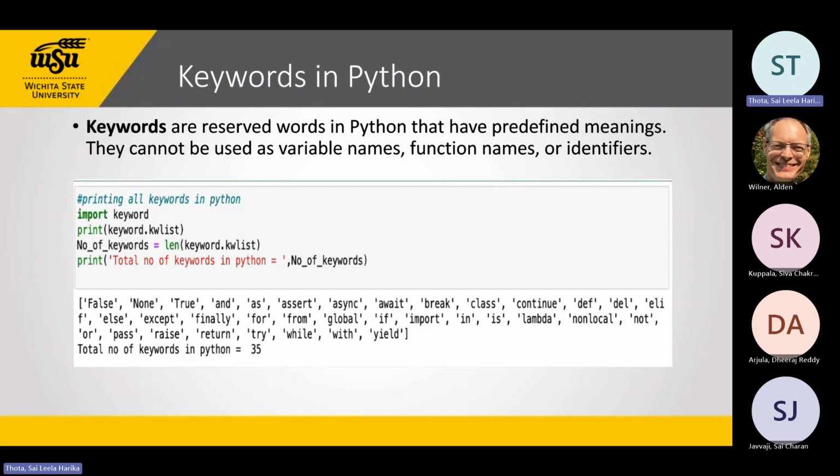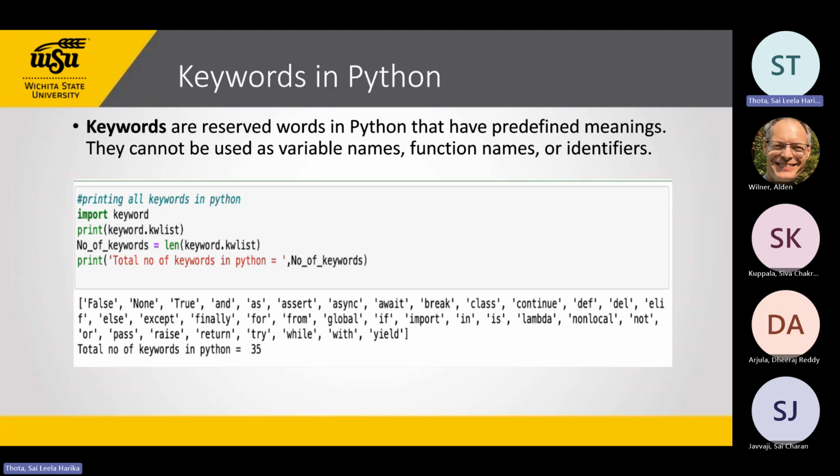And it's important to know about the keywords. We all know that keywords are the reserved words in any language. And what are the keywords in Python? This is how you get the keywords if you want to run the code. Simply import keyword, and if you print the keyword list, it will give this list.